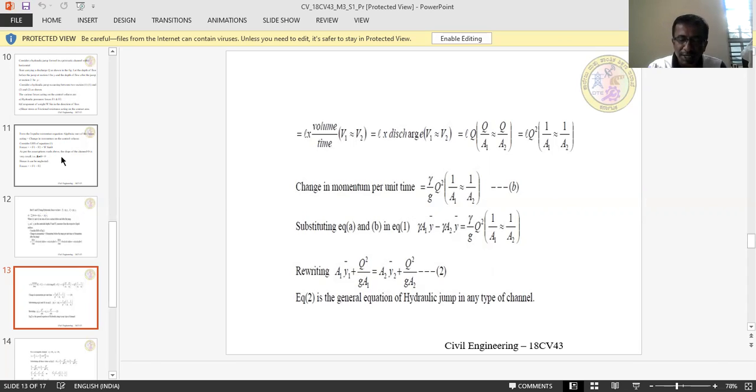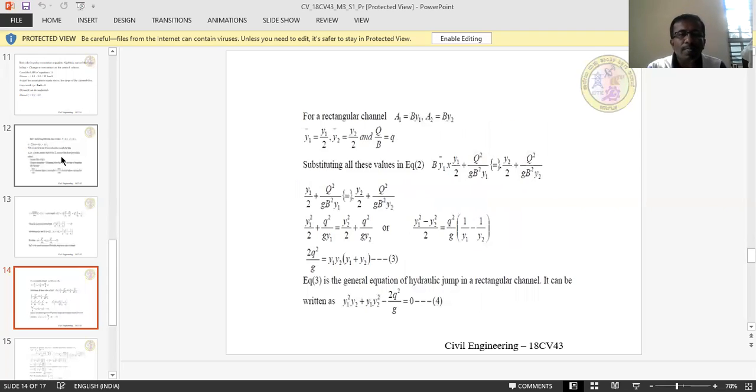But when you go for a rectangular section, the cross section of the rectangle can be written as B into y, the bottom width into the depth of flow. It is B into y1 or B into y2, depending upon the y1 and y2 values. And y bar is where exactly the hydrostatic pressure acts, at the centroid: y1 by 2 and y2 by 2.